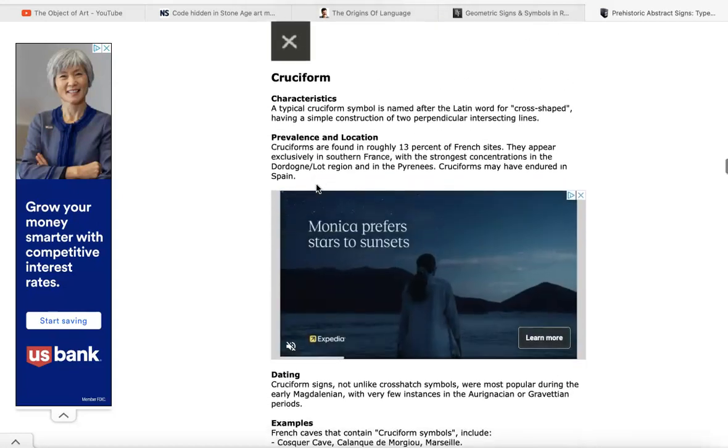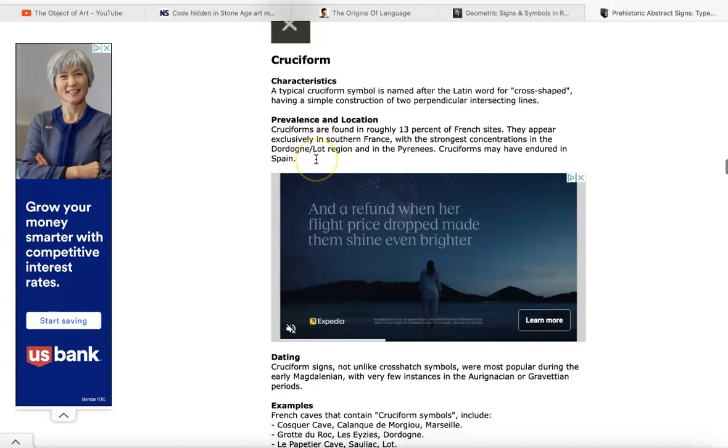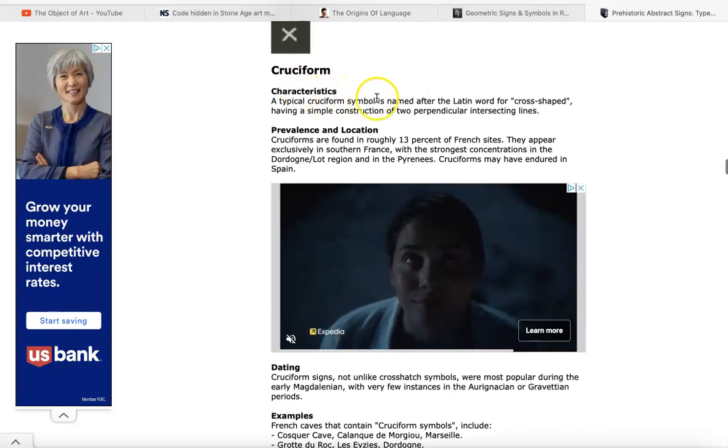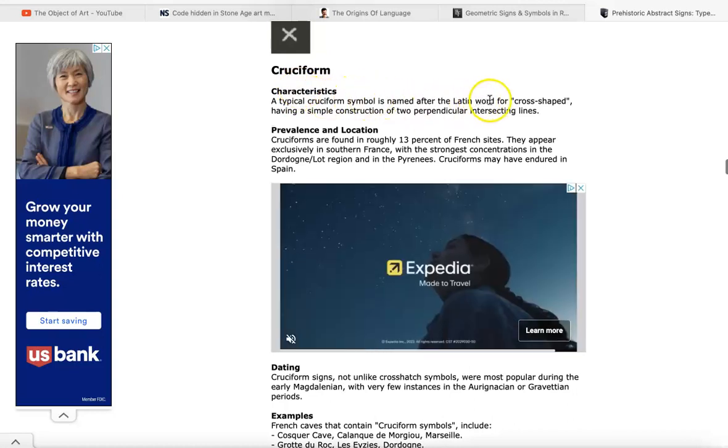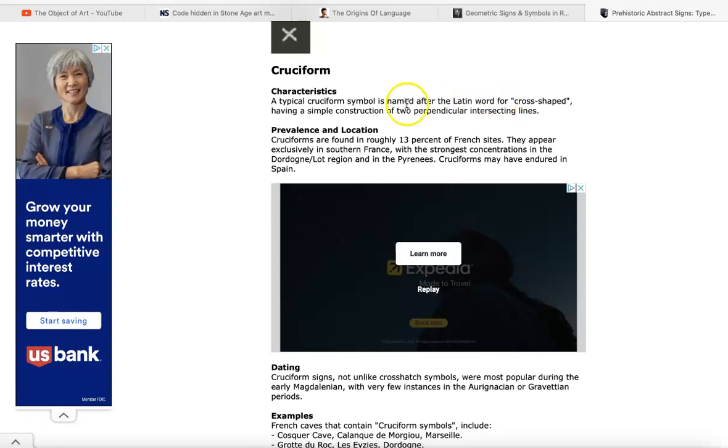Let me read this because I did a whole little essay on it on my blog. Characteristics. The typical cruciform symbol is named after the Latin word for cross-shaped, having a simple construction of two perpendicular intersecting lines. Prevalence and location.